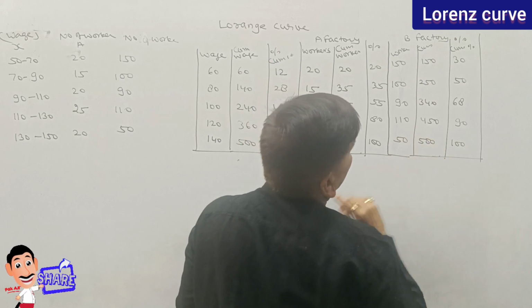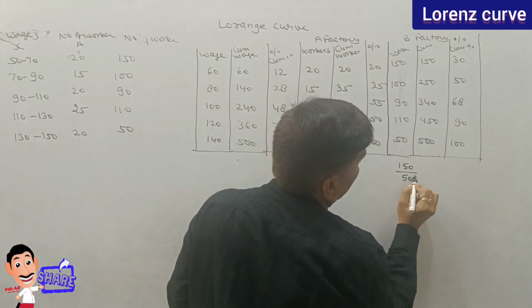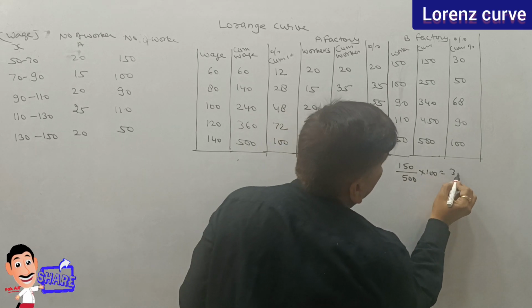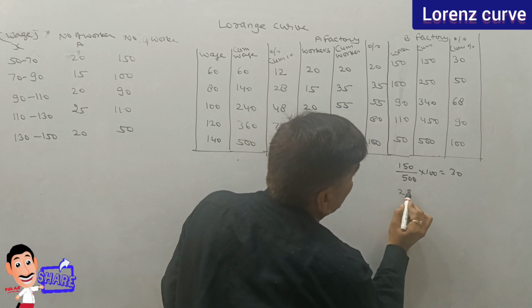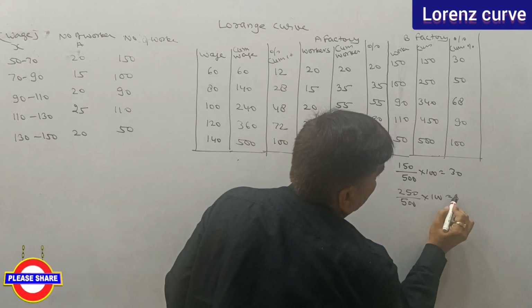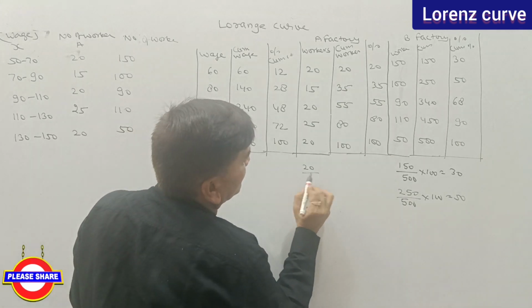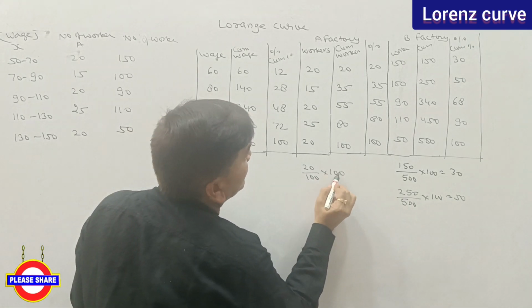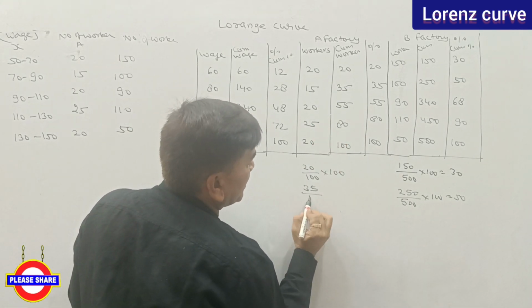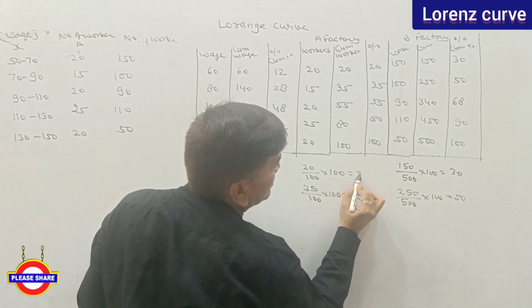Then percentage: 150 divided by 500 multiplied by 100, that is 30, then 250 divided by 500 multiplied by 100, that is 50.